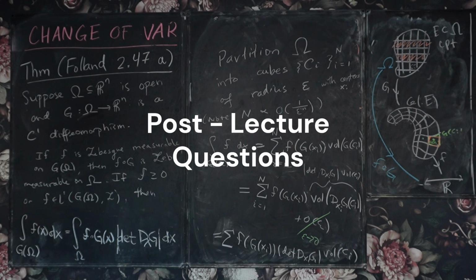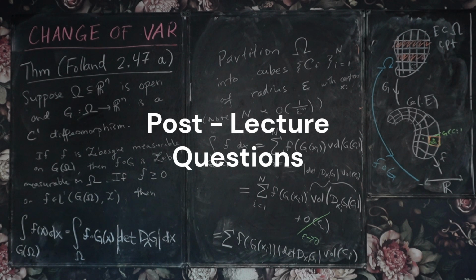The problem is that you might accumulate error over more and more cubes, because when you do the integral over a finer and finer partition, you're going to have many more cubes that you're approximating over. And so you could be accumulating error. But the number of cubes in the integral is increasing like 1 over epsilon to the n, right?